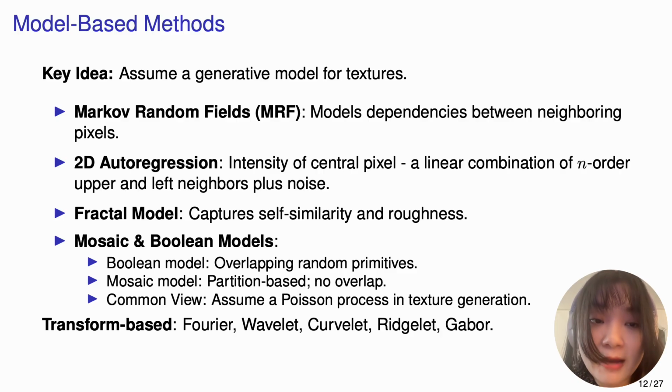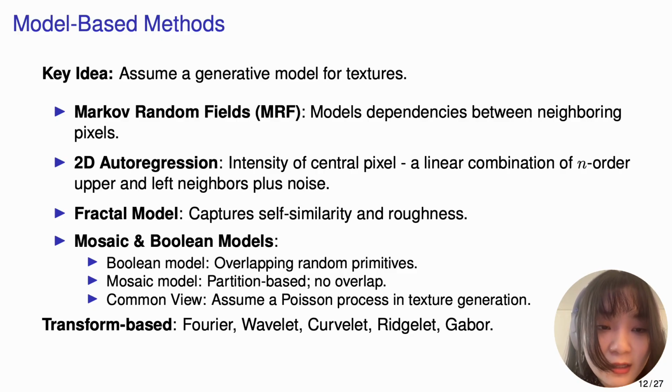For example, the Markov random field usually models dependencies between the neighboring pixels, and the 2D autoregression model assumes the intensity of the central pixel is a linear combination of an order of upper and left neighbors plus noise. That's the original version, and that's a causal one. For the non-causal one, it can also depend on the right and lower, the future pixels.